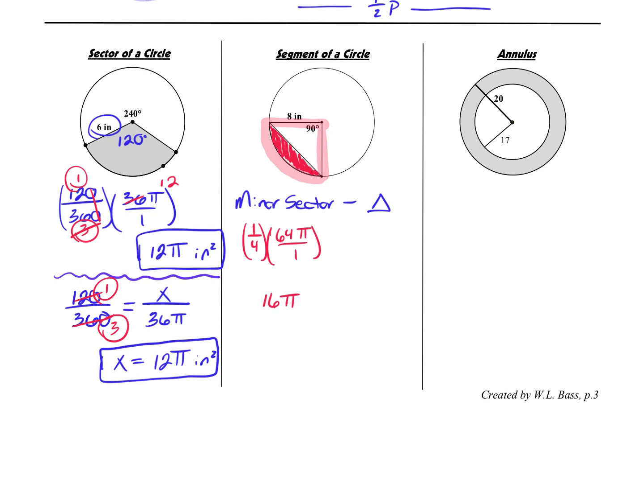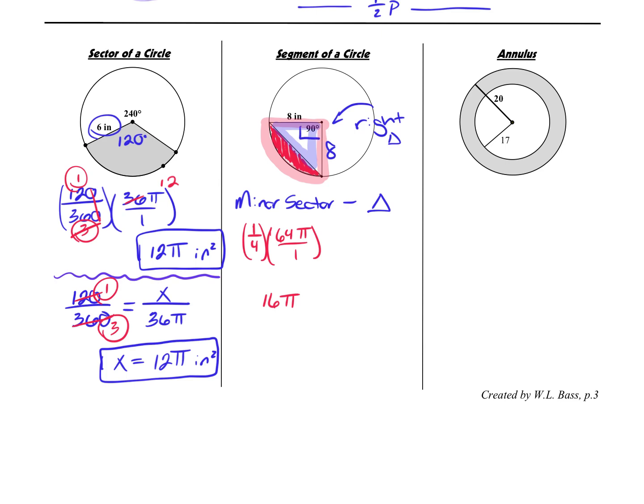Now we also need to find the area of the triangle. So we're going to subtract the area of this triangle right here. Now that triangle is a right triangle in this case. So it won't always be a right triangle, but this one is a right triangle, which means both of these radii are 8, and this is a nice right angle.